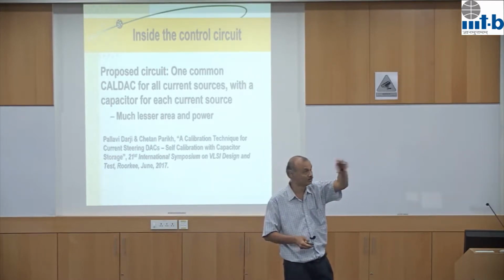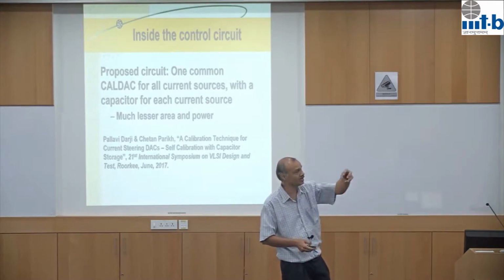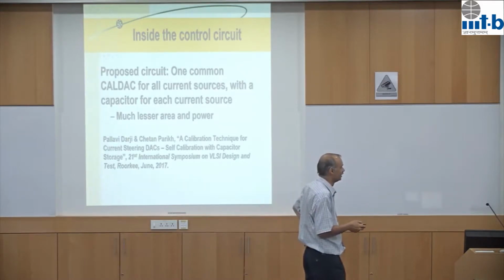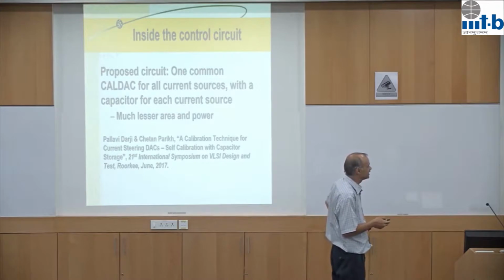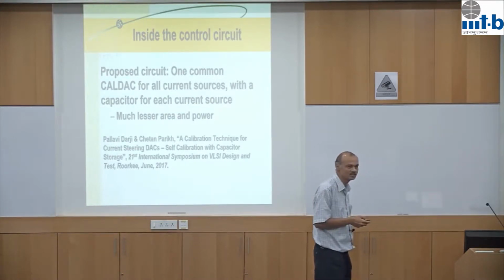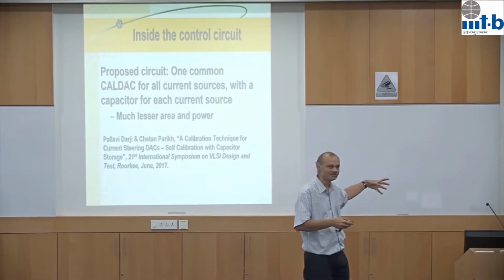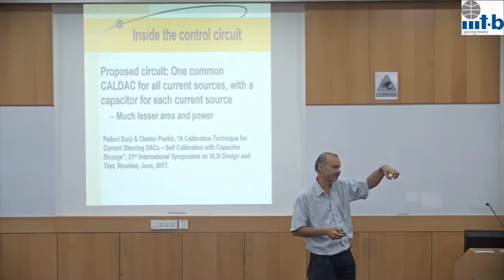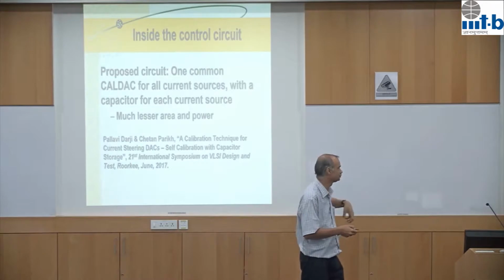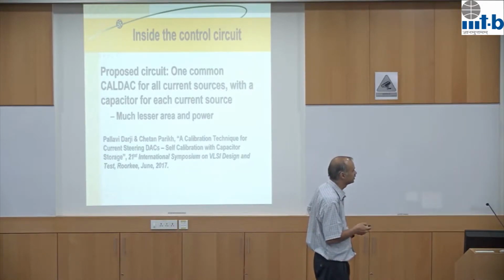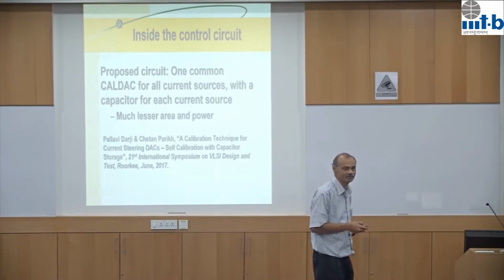We will use it to calibrate the current sources one by one, and save the calibrated value on a capacitor for each current source. So we'll replace 12 cal DACs with one cal DAC and 12 capacitors. That takes much less area and therefore much less power.